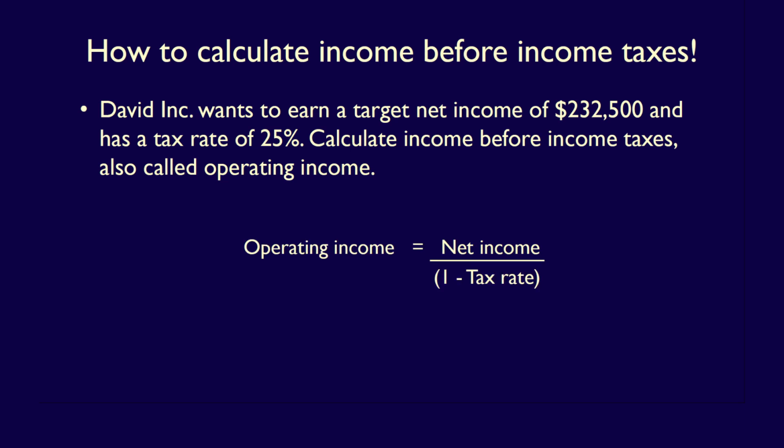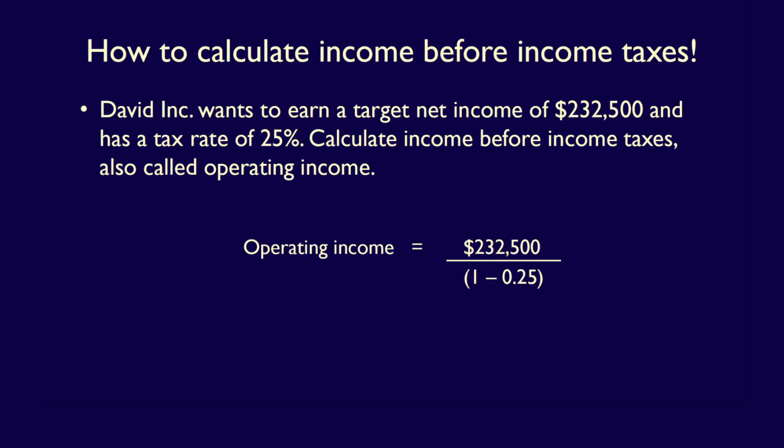Let's flip it around. Operating income is equal to net income divided by (1 minus the tax rate). This is what we need in our formula to calculate the number of units to earn a target income after taxes. However, does this formula actually work?